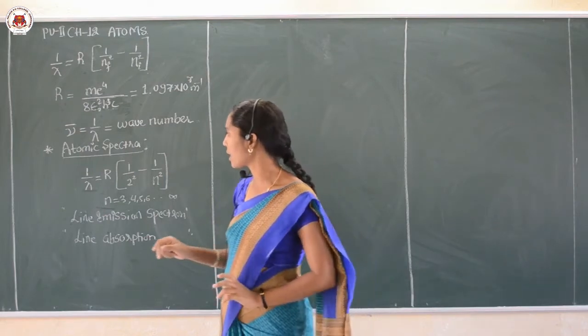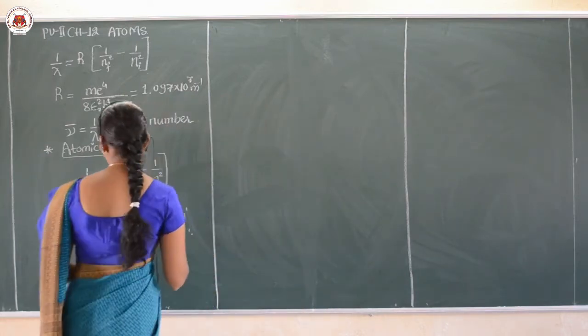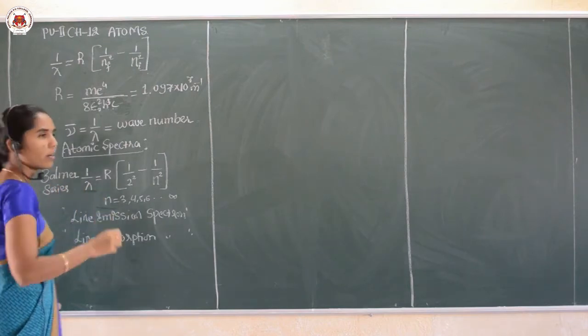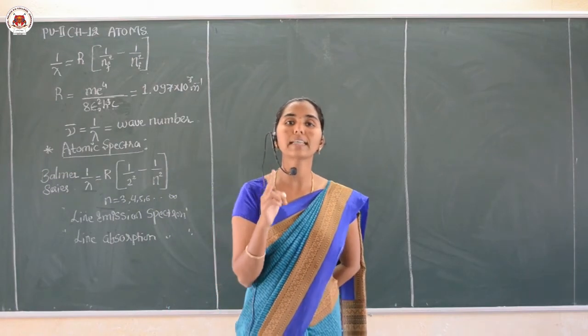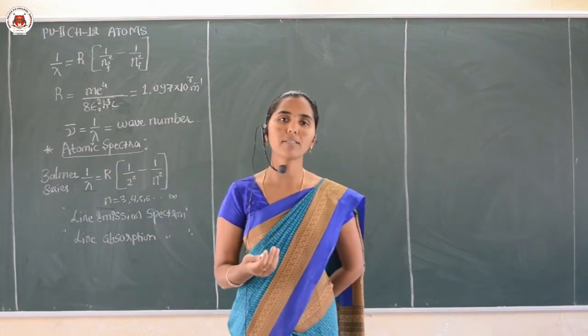Yes. And see this Balmer series. As I told, this was observed in which region? In the visible region of the electromagnetic spectrum. Then how do you get the Balmer series?